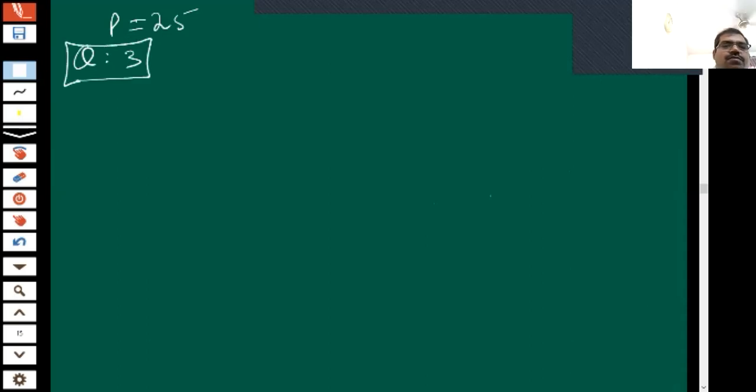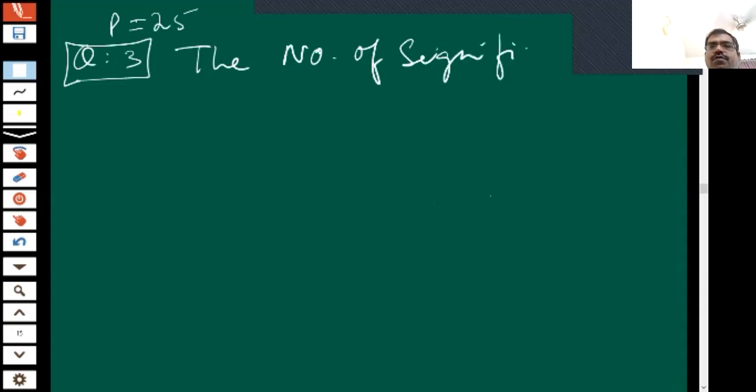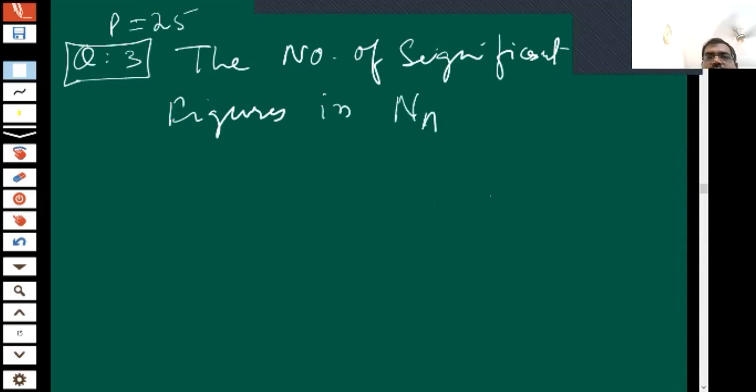The number of significant figures in Na, Avogadro's number, equal to 6.0, okay, 23 into 10 to the power 23.